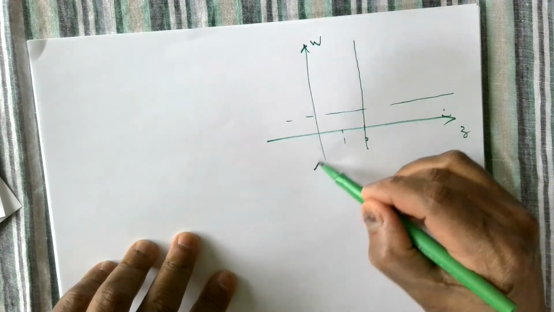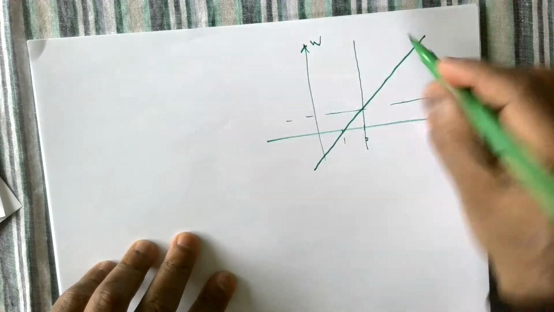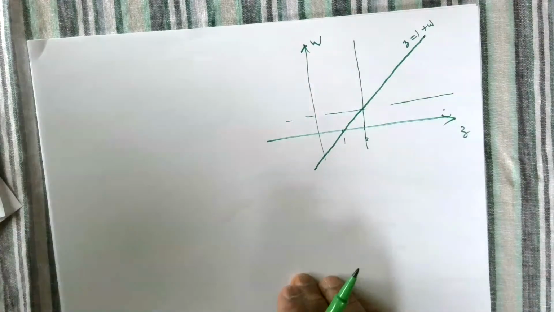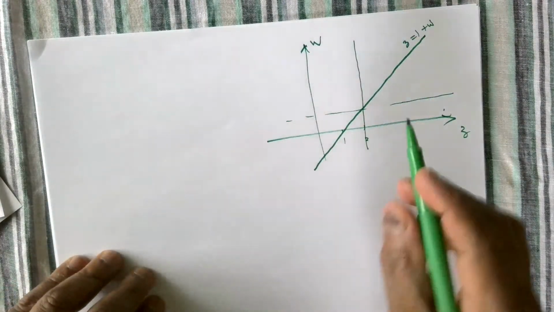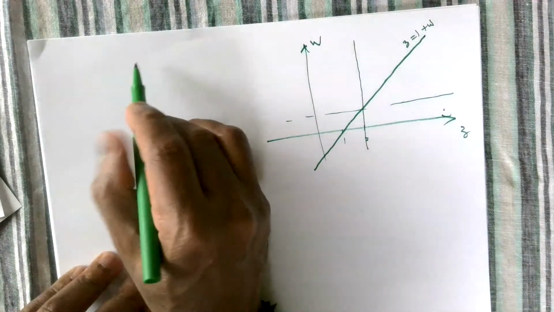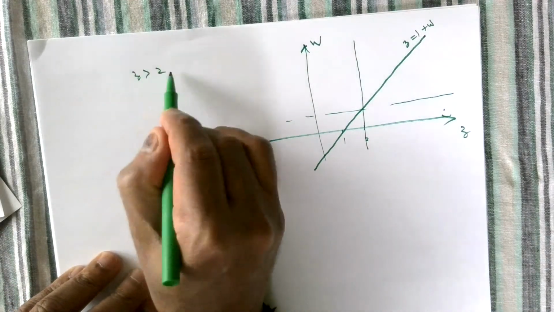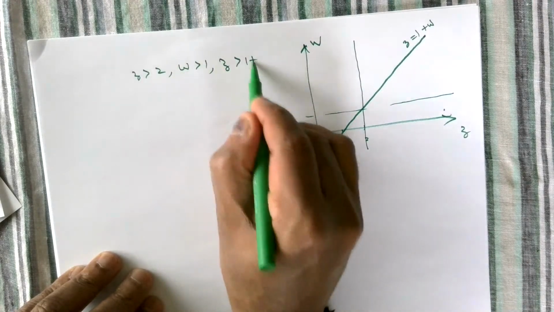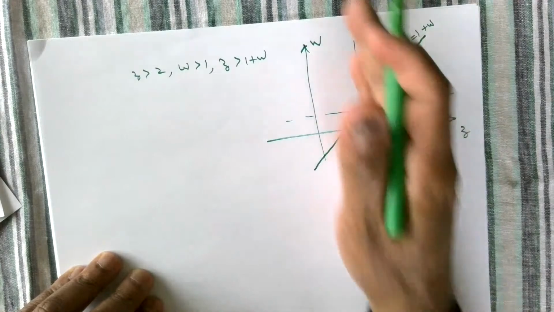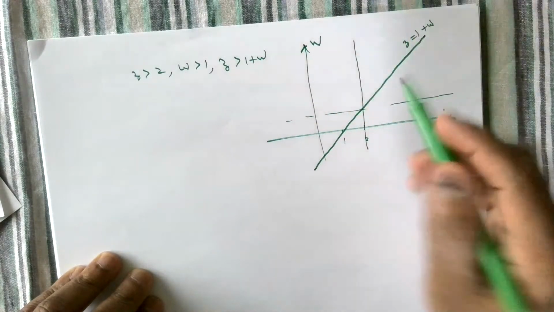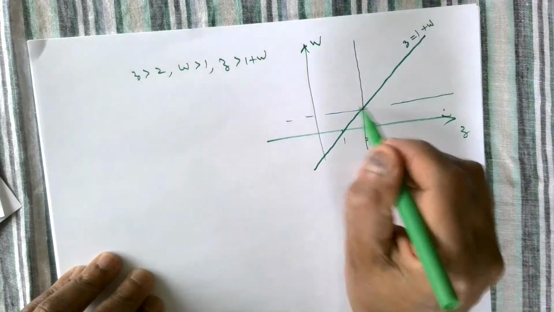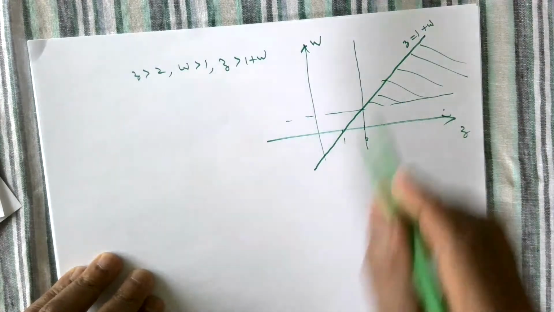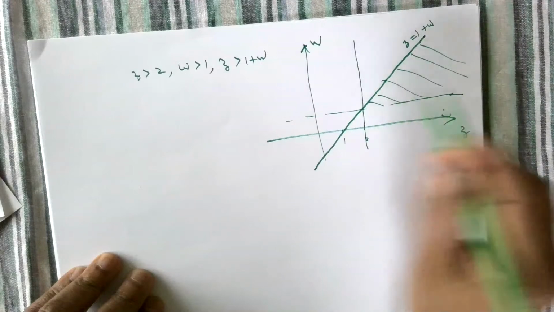So that line goes through this point. So this is the line z equal to 1 plus w. So from the previous slide, we have the conditions are z greater than 2, w greater than 1, and z greater than 1 plus w. So z greater than 2 to the right side, w greater than 1, and z greater than 1 plus w. This is the region where the joint density function of z and w is going to be valid.